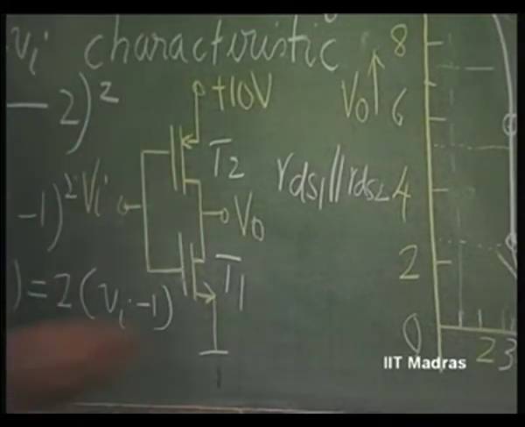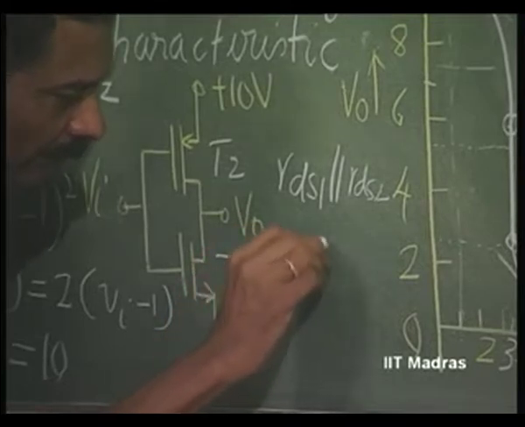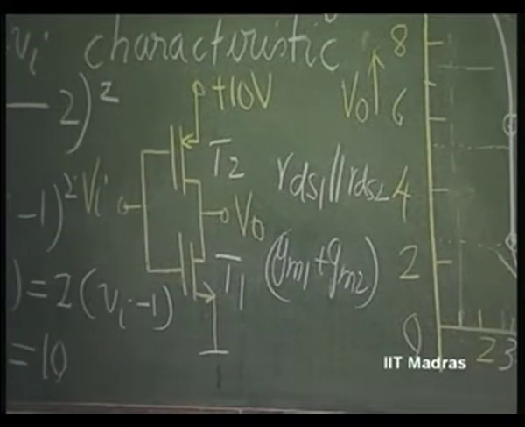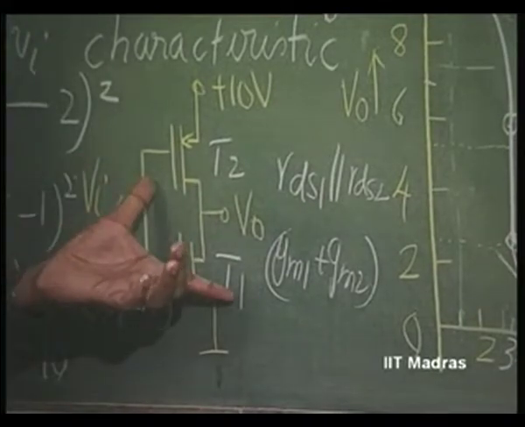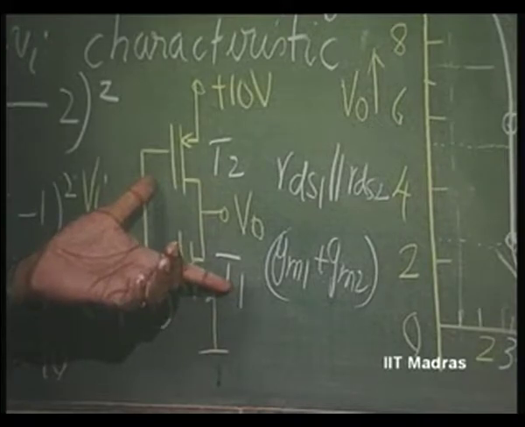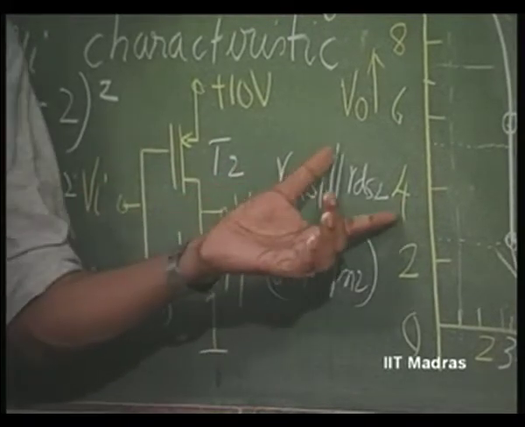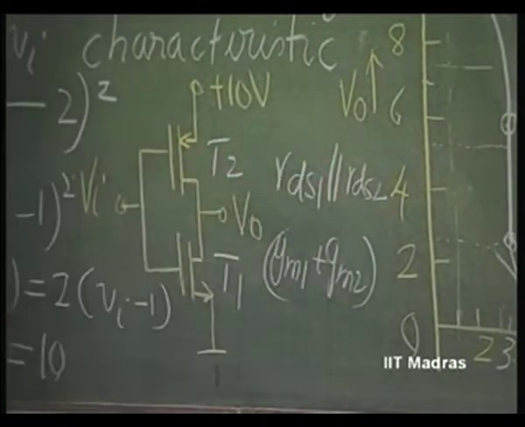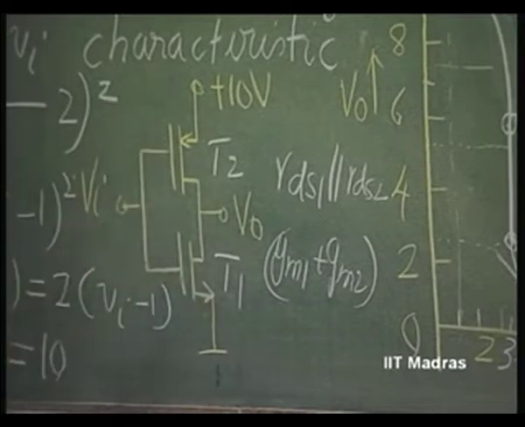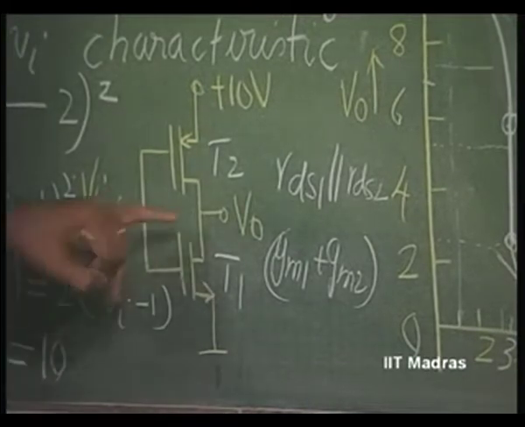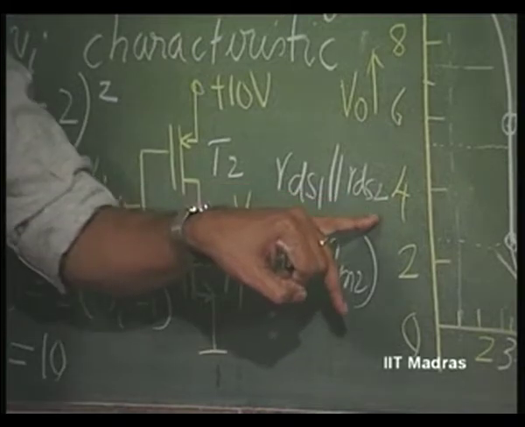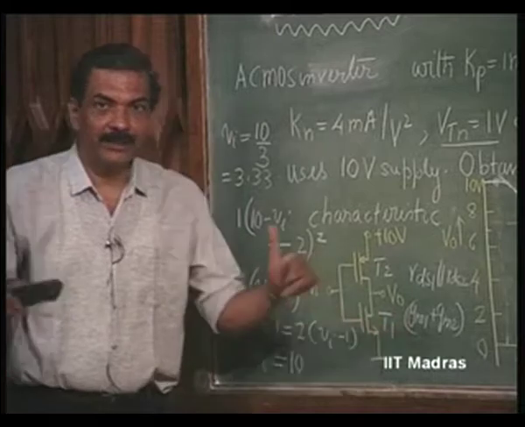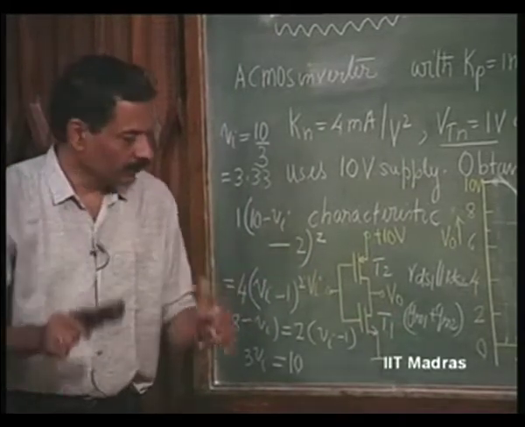In essence, Gm1 plus Gm2 into RDS1 parallel RDS2 is the amplifier gain when RDS1 and RDS2 are not infinite. Is this clear? These two amplifiers work in parallel onto a common load, RDS1 parallel RDS2. Since they work in parallel, the effective Gm will be Gm1 plus Gm2 into Vi.